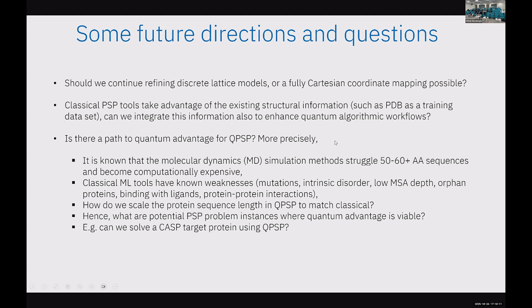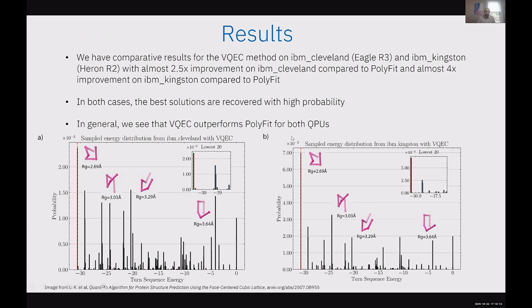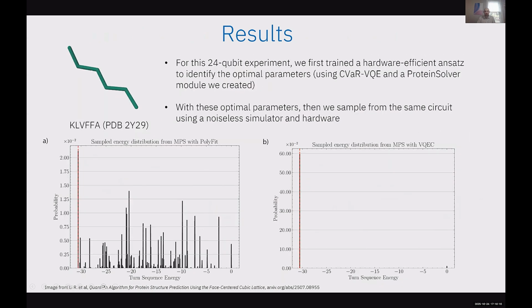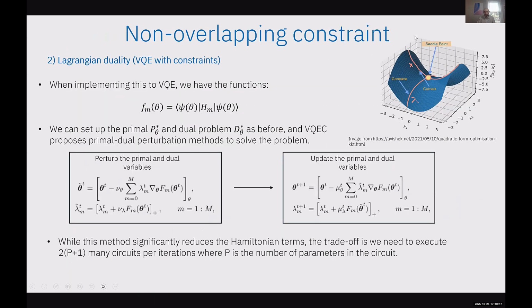Would that be possible? Yeah, under the hood of this variational optimization scheme, there is a perturbation that happens, but it's not in the same way that we are thinking, because it's not a perturbation of the protein geometry.